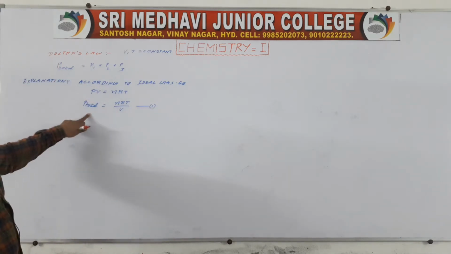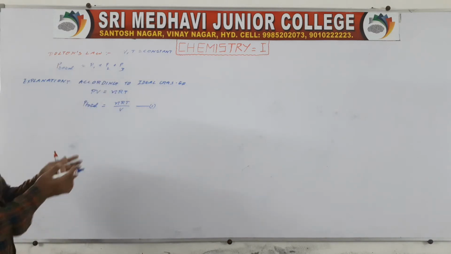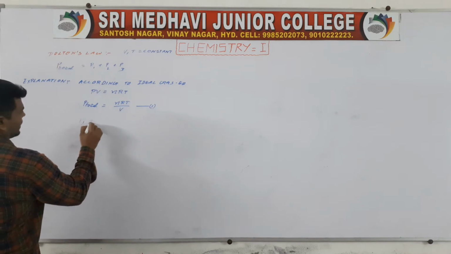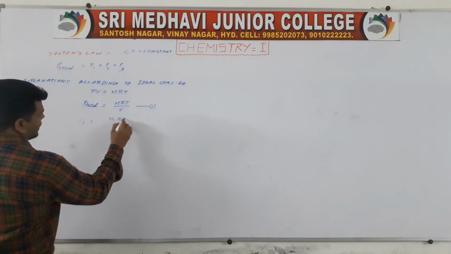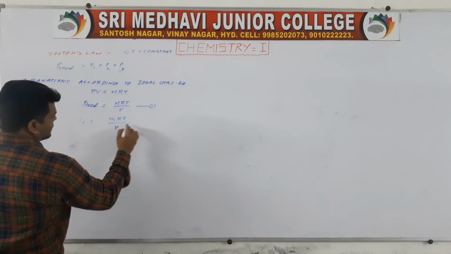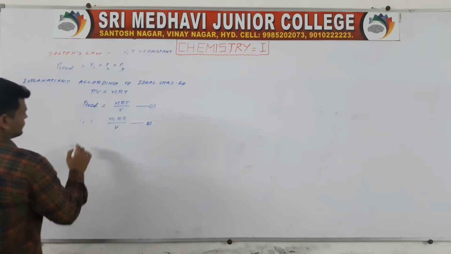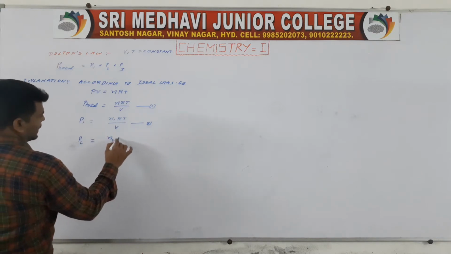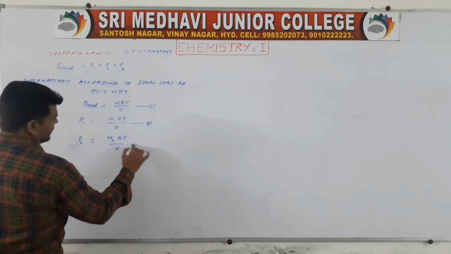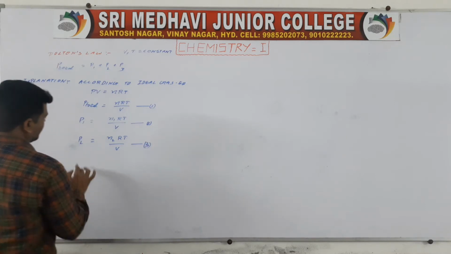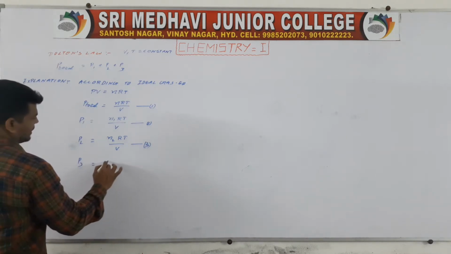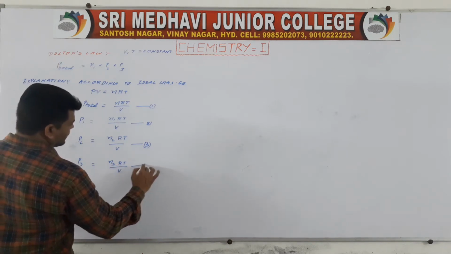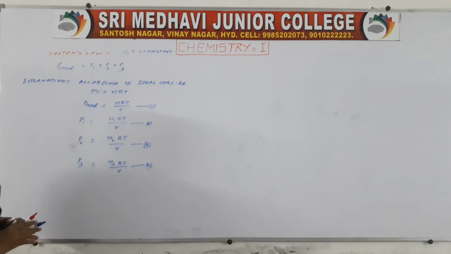From this I am writing P total, then P1, P2, P3, and adding. P1 equals N1RT by V, this is equation 2. Then P2 equals N2RT by V, this is equation 3. Then P3 equals N3RT by V, this is equation 4.